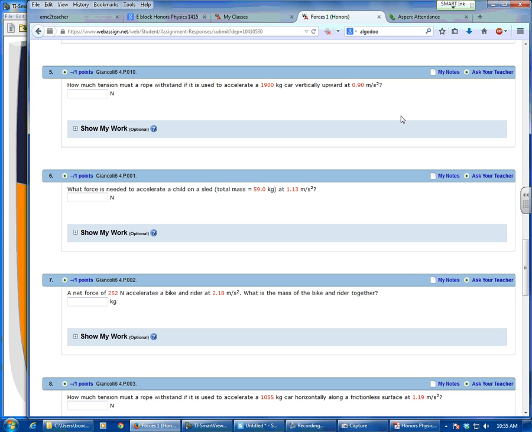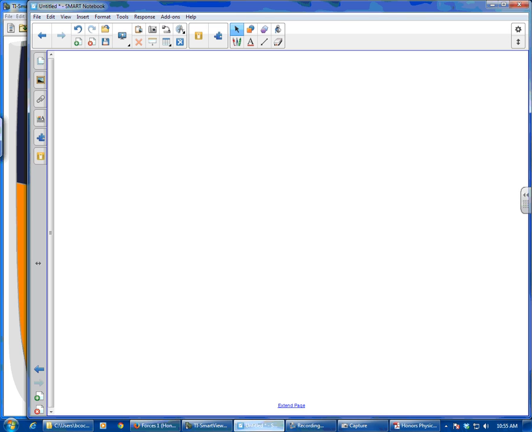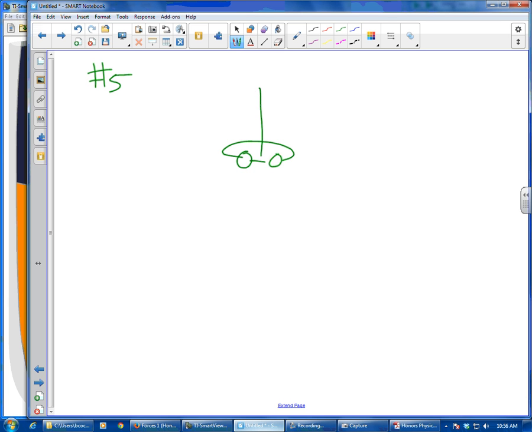All right. Yeah, sure. So number 5, tension in a rope used to accelerate a car vertically upwards at that acceleration. So I have my car here, and it's got a rope on it, providing a force due to tension upwards.